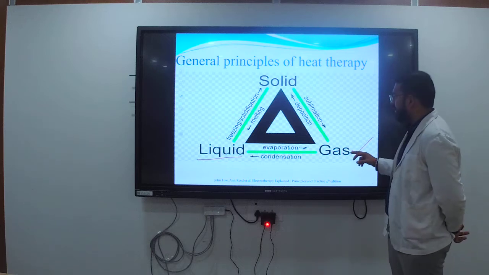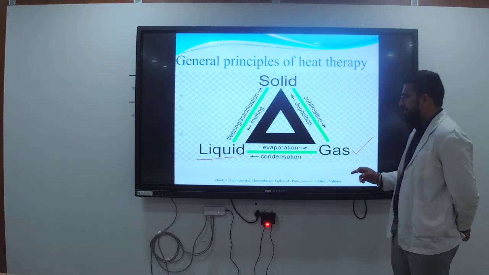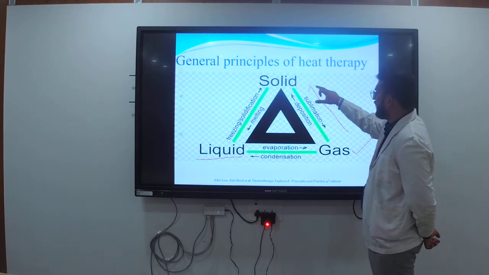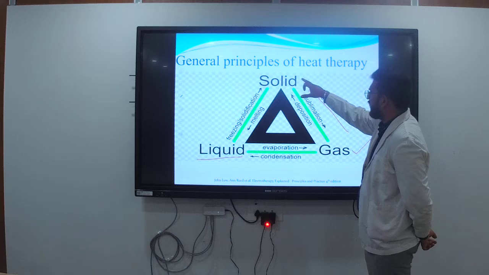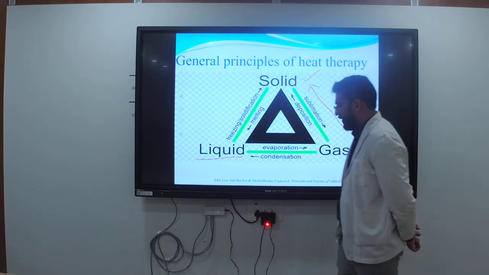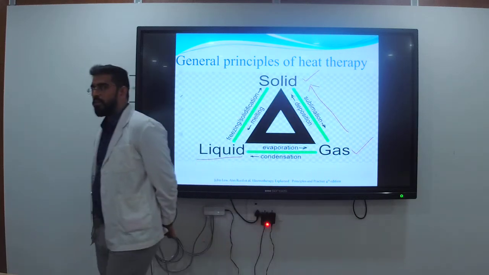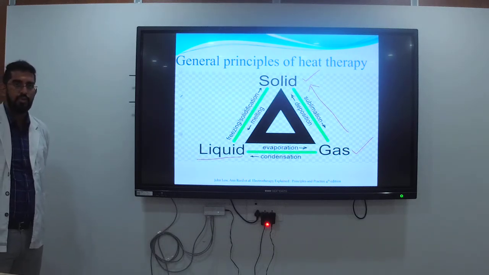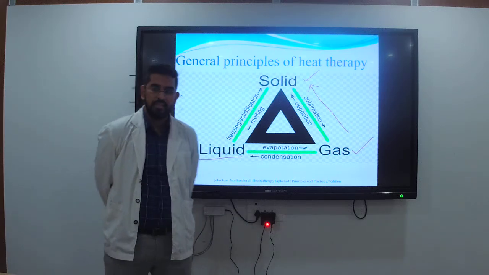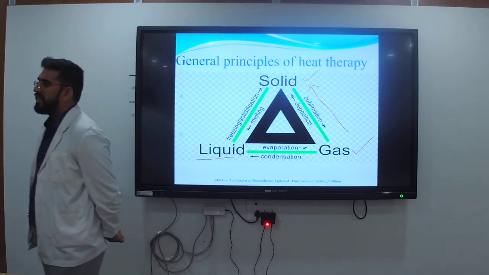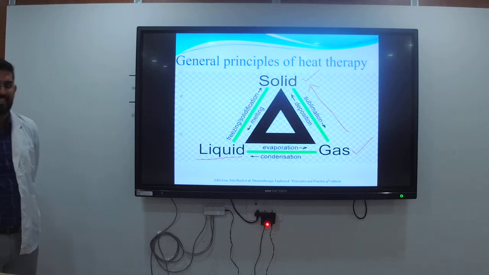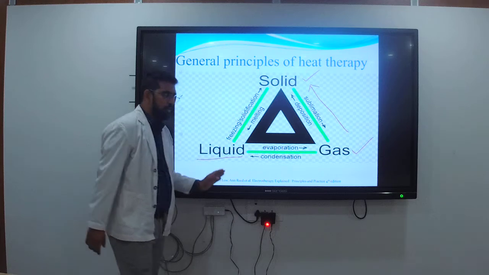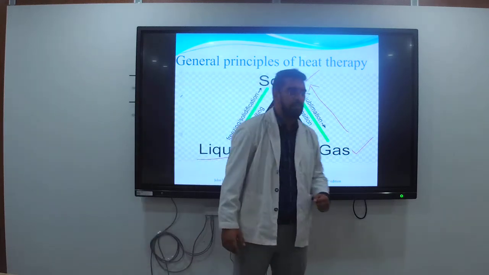If you lower the temperature to a certain degree, it will again become solid. But we are not talking about any decrease in temperature, we are talking about hot moist pack. So hot moist pack is always in terms of increase in temperature. What we expect here is that a solid will turn into liquid, then into gas.